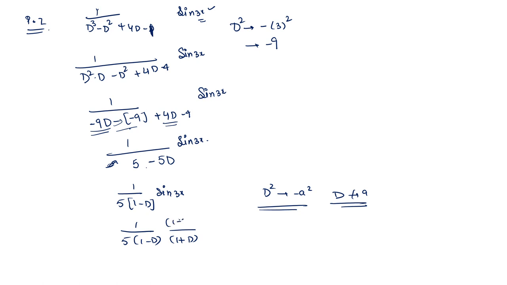Here the identity is applicable: (a minus b)(a plus b) equals a square minus b square. So it is 1 by 5, (1 plus D) over (1 minus D square), sine 3x.